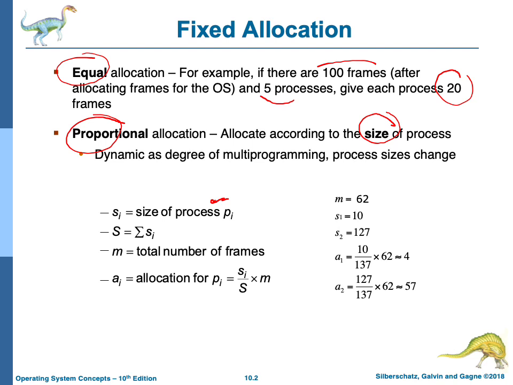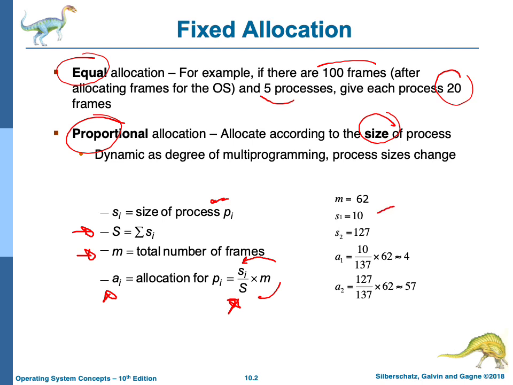Which makes sense. So if we assume that S_i is the size of a process P_i, and so big S, of course, will be the sum of all the sizes of all the processes in the system, and if M is the total number of frames, then the allocation for process i can be equal to the size of i over the total size of all the processes times the total number of frames.